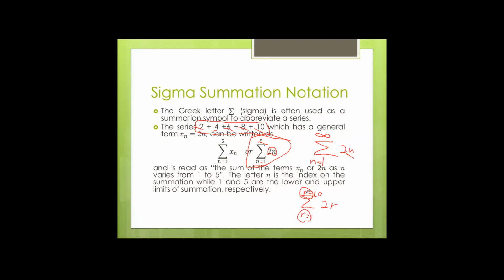They mean r must take on values from 1 to 10. So this notation, you'll see it in a lot of places. You'll see it a little in calculus, and you'll see it in statistics a whole lot. So get used to it.